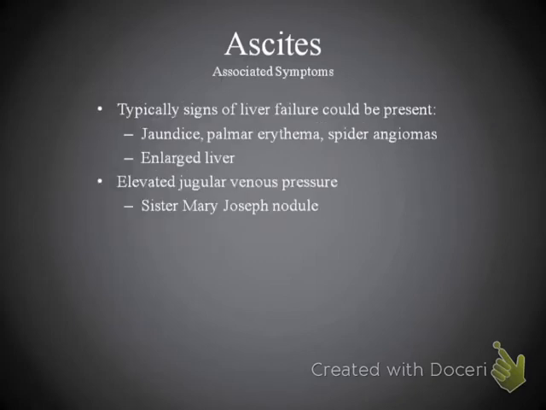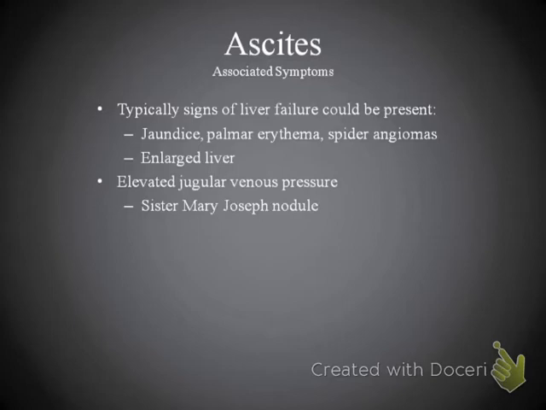So there's a very specific set of symptoms that are usually associated with ascites. Typically, signs of liver failure could be present, and that can be jaundice, palmar erythema, spider angiomas, or an enlarged liver. Other things that you can look for are elevated jugular venous pressure or a Sister Mary Joseph nodule.